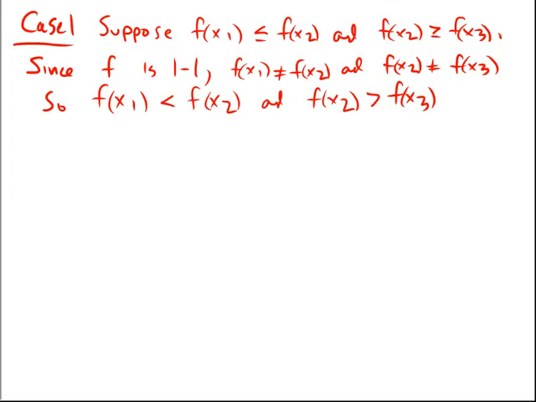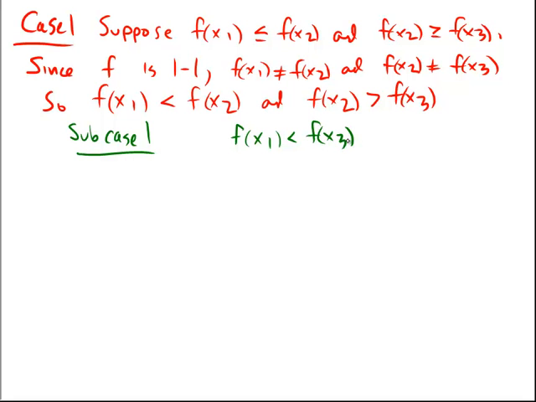Okay, so as I start to proceed through this case 1 here, as I mentioned in the previous slide with that picture, we're going to have to do a couple subcases. So let's do subcase 1, and in subcase 1 we will say f of x1 is less than f of x3.